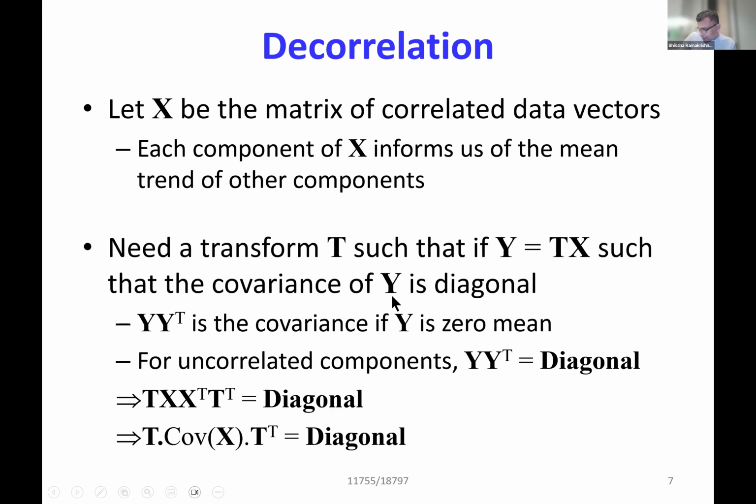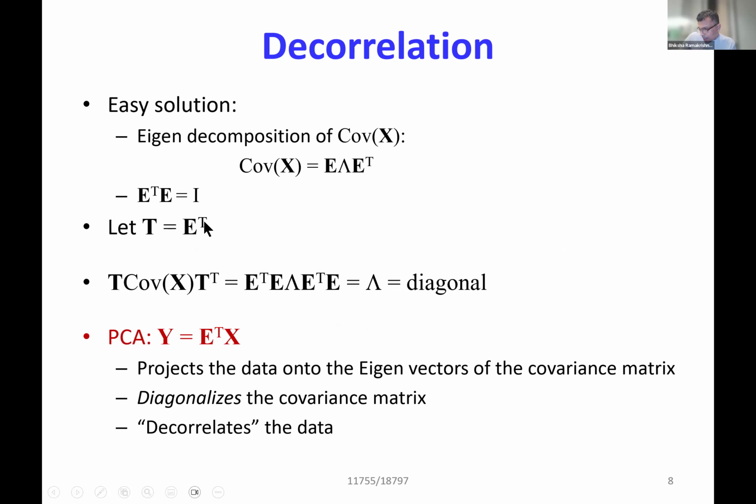So going back here, if I let this transform T simply be the transpose of my eigenvector matrix, then you can see that T times the covariance of X times T transpose is going to be E transpose E lambda E transpose E. E transpose E is identity. This E transpose E is identity. So this whole thing is just a diagonal matrix.